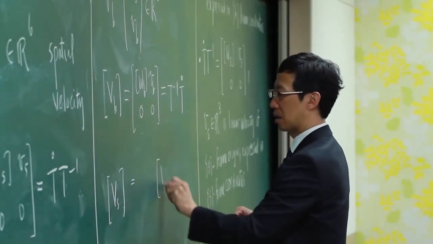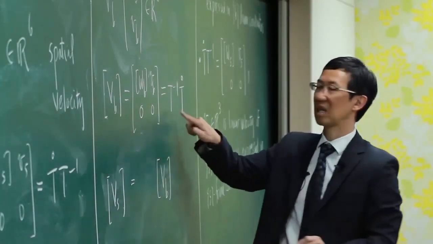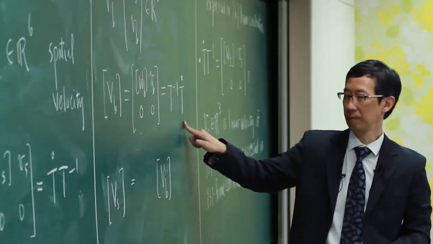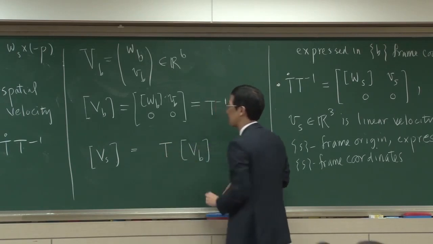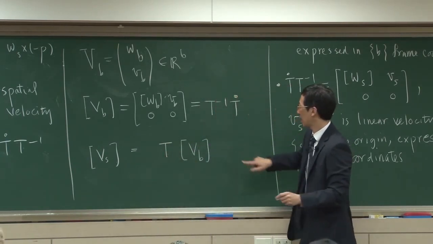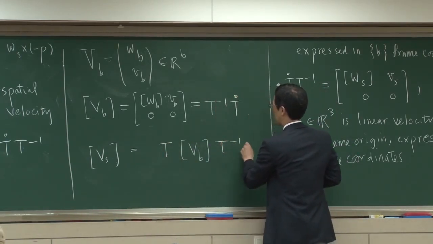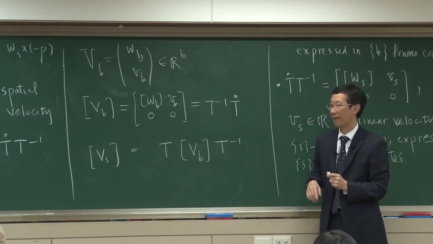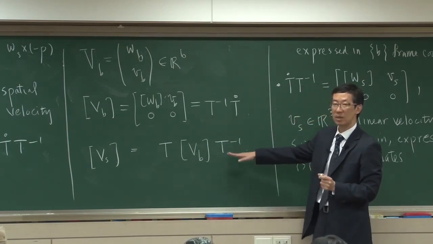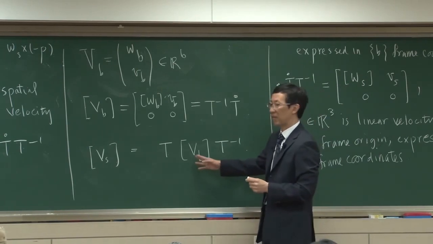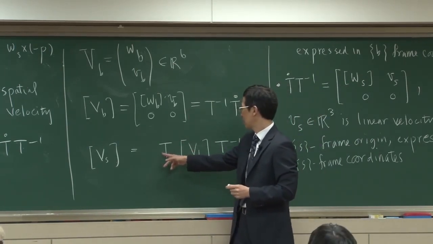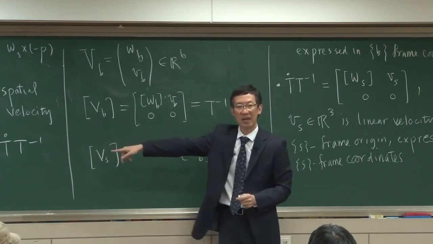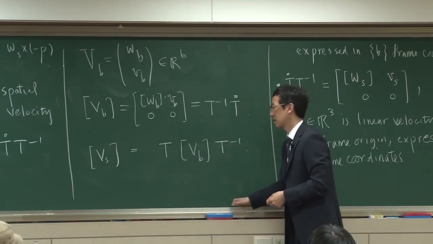We would take V sub b, which is T inverse T dot, multiply on the left by T, and multiply on the right by T inverse. If we want to get V sub b from V sub s, just move the T and the T inverse over to the other side.